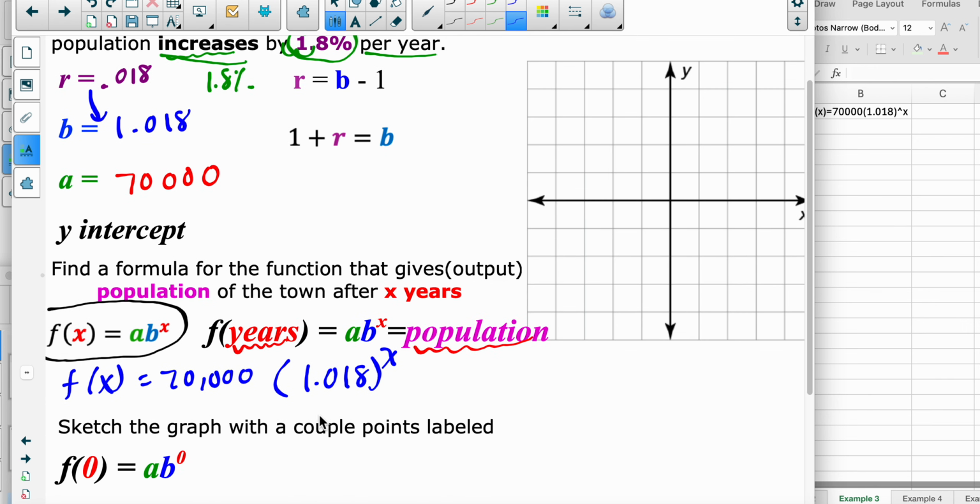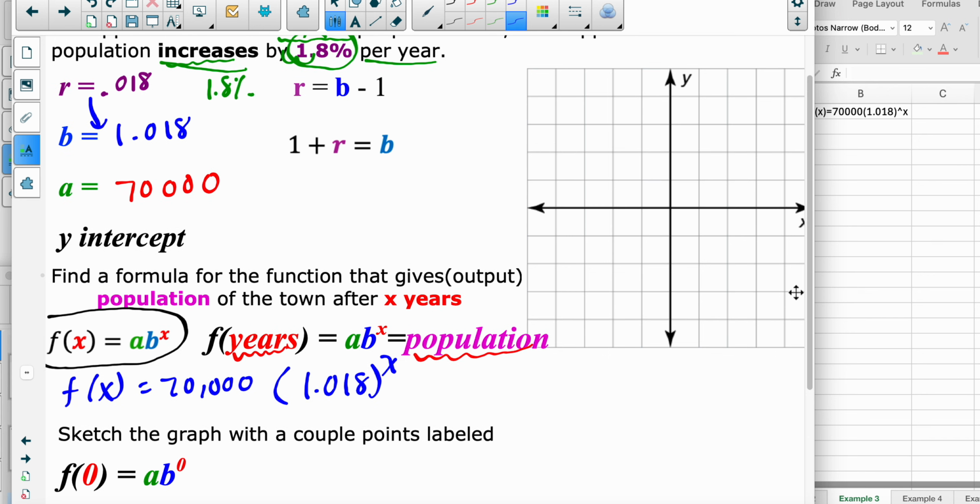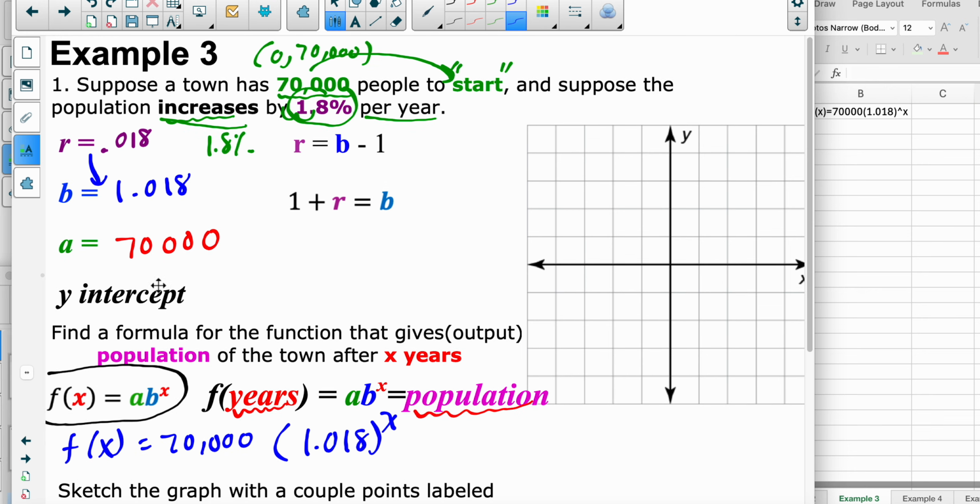If I want to sketch this, before we put it in Excel to find a couple of additional points, I already know that my y-intercept is at 70,000. So let's say this is 50,000, this is 100,000, 150,000. I know that I'm going to go through the y-axis at the point 70,000.